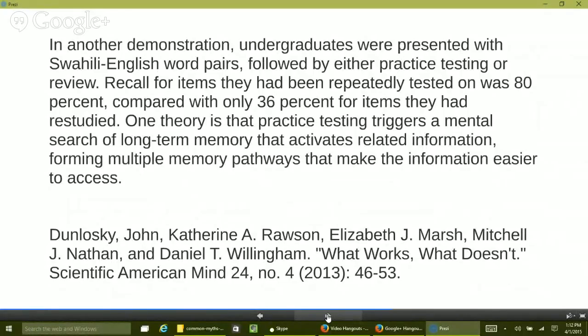And so the one theory basically is that the act of retrieving information helps you retrieve that information a little bit better. Just repeatedly trying to store the information doesn't really help you retrieve it. It's the practice retrieving the information that's important, and being able to retrieve and apply the information later.